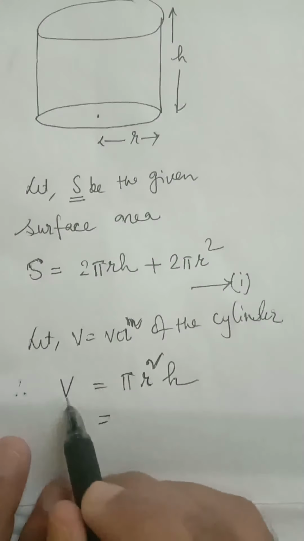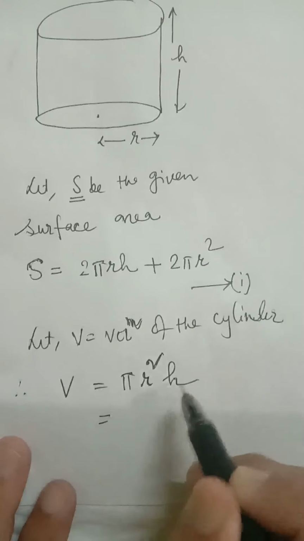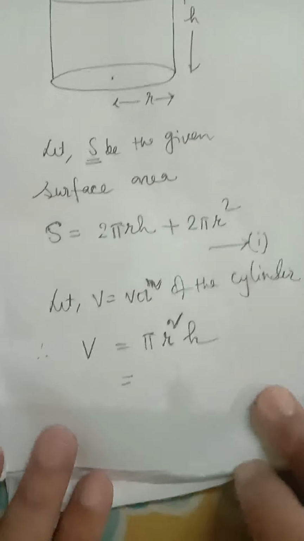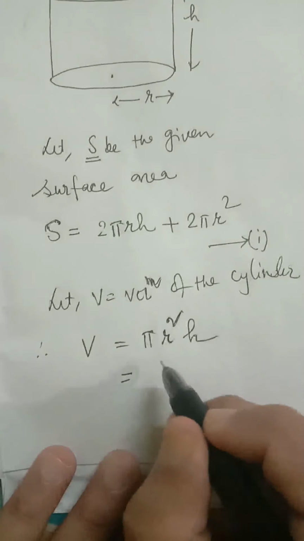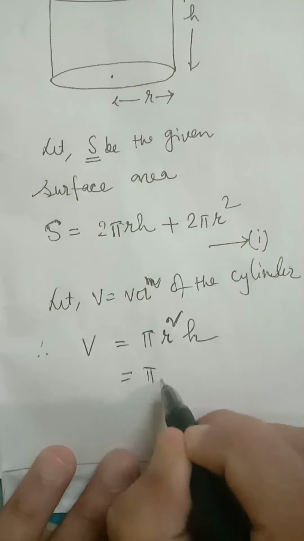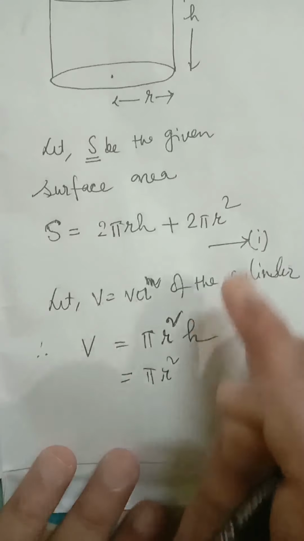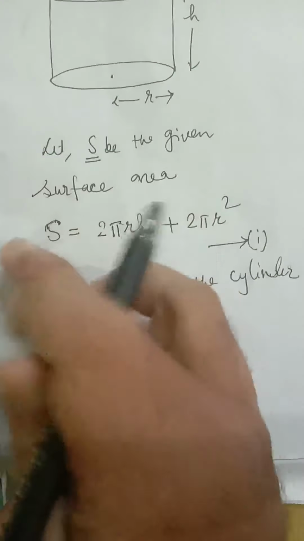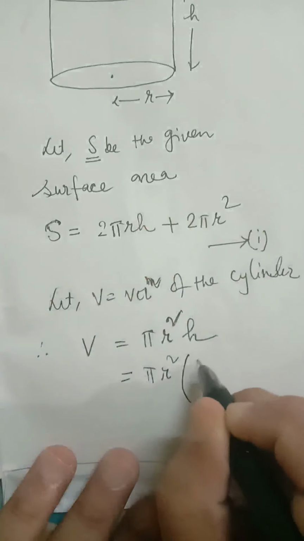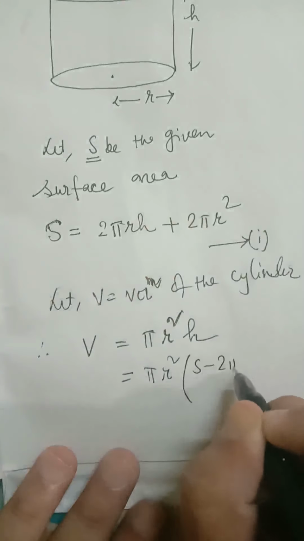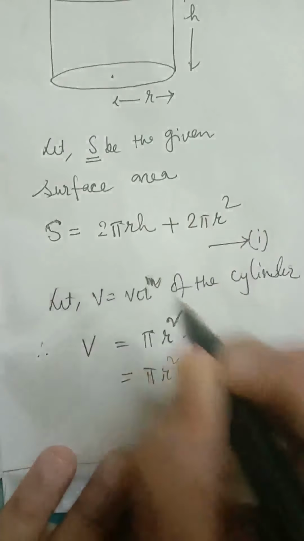We have to express V either in terms of r or in terms of h, that is, in terms of only one variable. So you can see pi r square, we will express h in terms of r. h equals S minus 2 pi r square divided by 2 pi r.